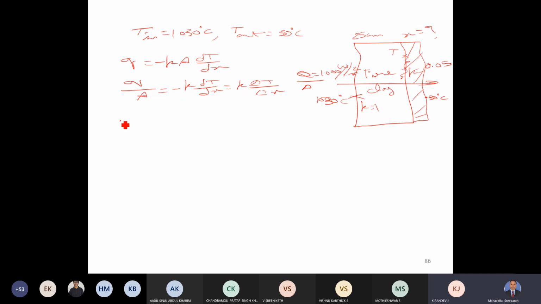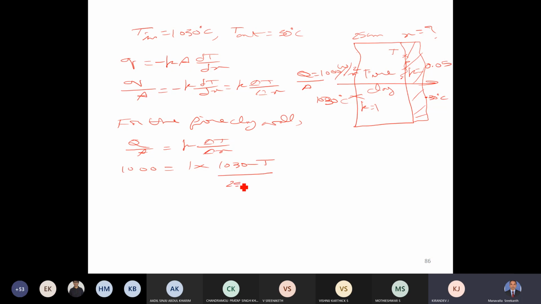So we'll take the fire clay wall. Q by A is equal to K delta T by delta X, and Q by A is 1000. That's what is given in the problem. K is 1 multiplied by delta T. Delta T is 1030 minus the unknown temperature T, divided by delta X, 25 centimeters. So this is 25 multiplied by 10 power minus 3.